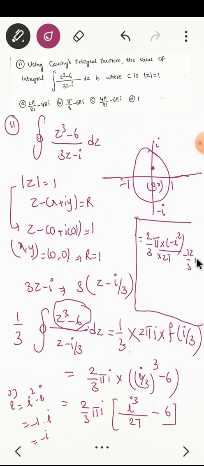Then this is 27, right? So you will get here 2 pi by 81, this is plus 1, minus 4 pi i. Option A is correct.